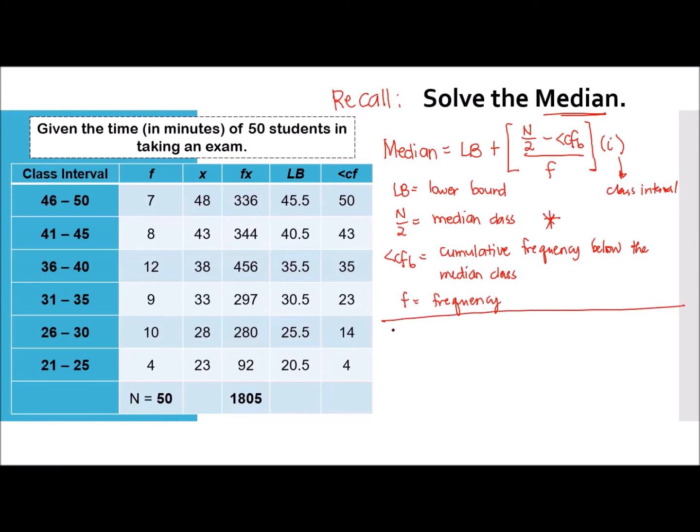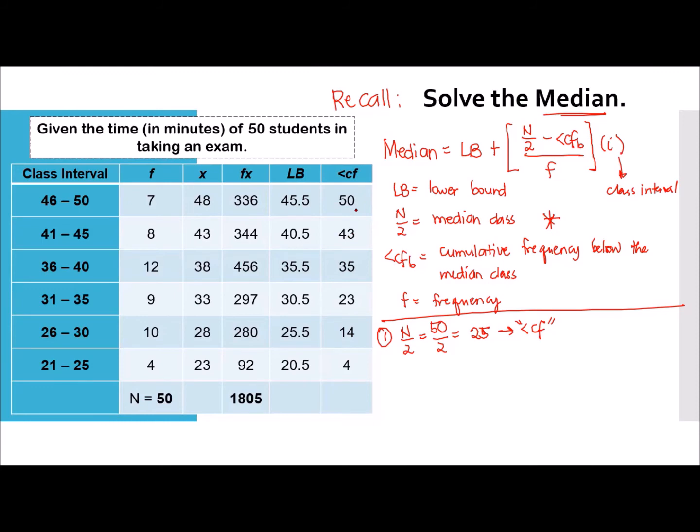Okay? So, the first solution, median class, we will have n over 2. Ang n natin ay 50, all over 2, we will have 25. Okay? So, si 25 na yan, hanapin mo siya doon kay cumulative frequency. So, ma'am, paano babasahin to? Di ba cumulative nga? So, 4 to 14, 14 to 23, 23 to 35, 35 to 43, and 43 to 50.